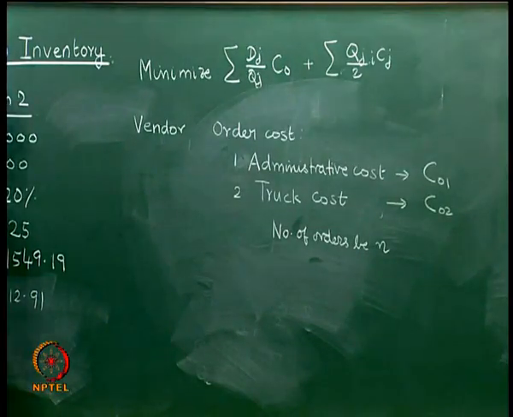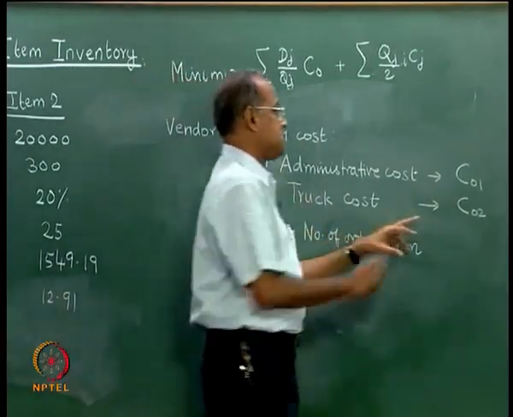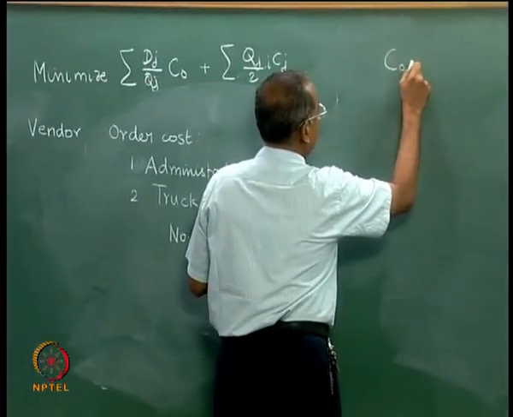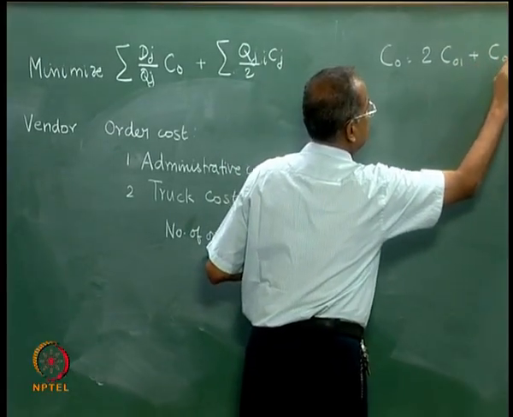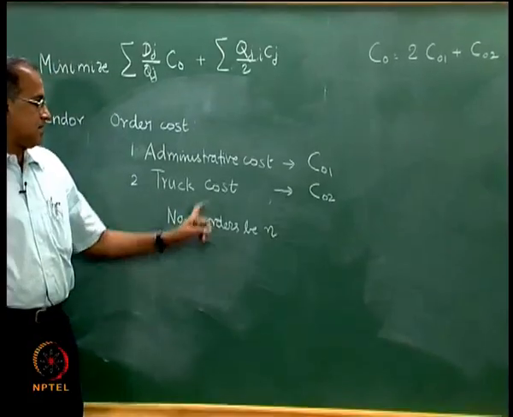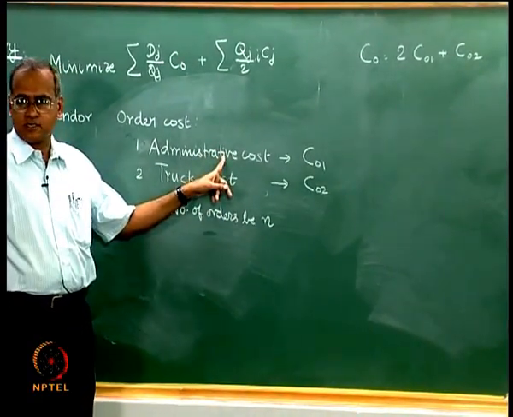When we order them together, the total order cost C naught will be 2 times C01 plus C02, because there is going to be only one truck cost and two administrative costs.